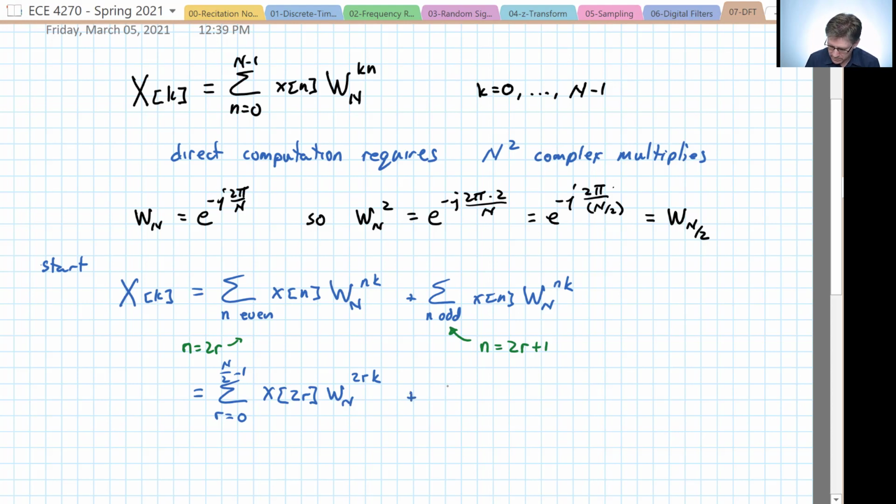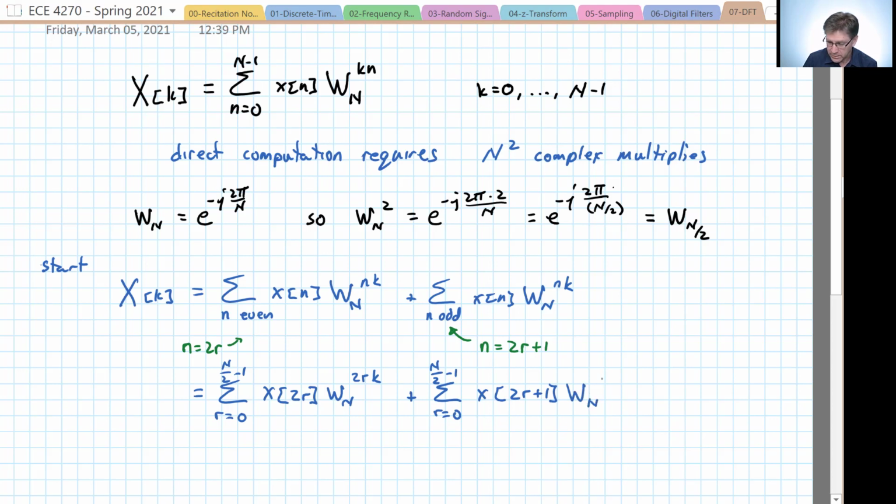And we get something similar for this other side. We go over the same range now, r equals 0 to capital N over 2 minus 1. But to get the odd samples, we do 2r plus 1.